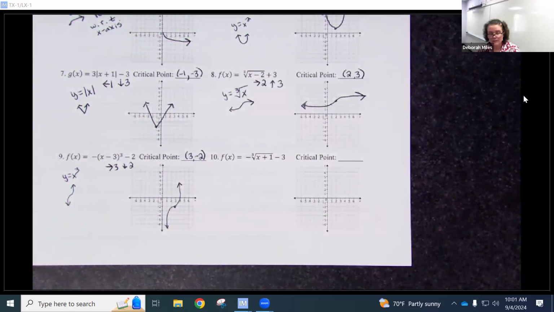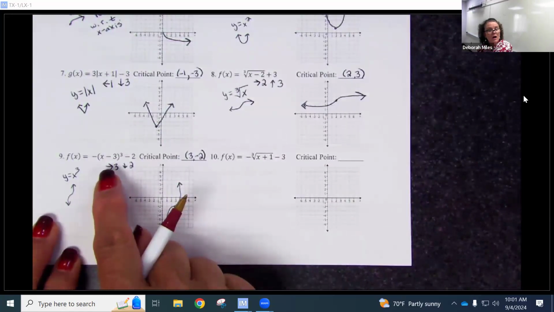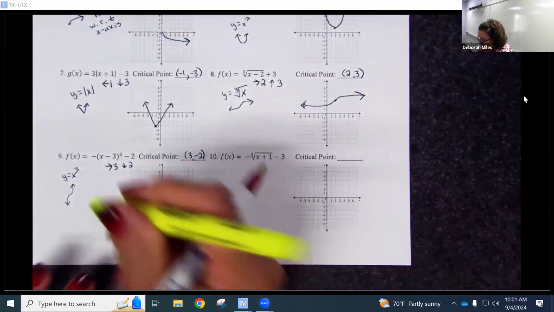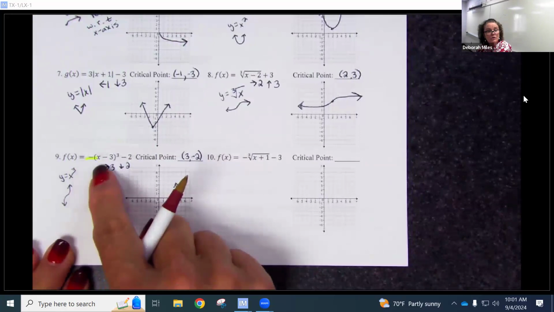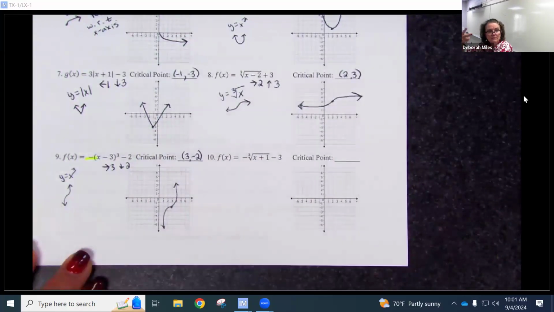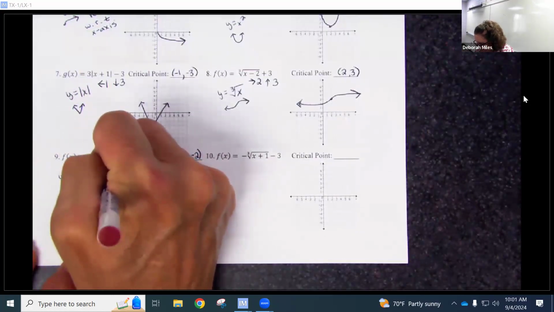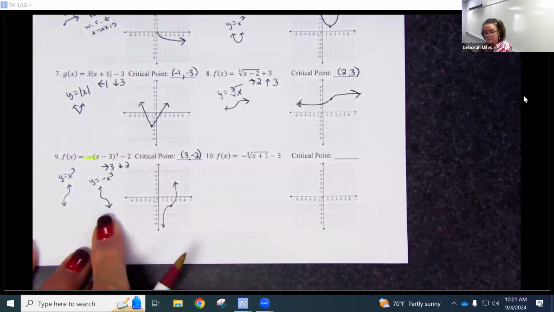Ooh, I just noticed something. I was paying such close attention to my horizontal and vertical shift that I didn't see that for a minute. What does that negative coefficient do to this graph of x cubed? Flips it upside down. Y equals negative x cubed is a downhill snake.